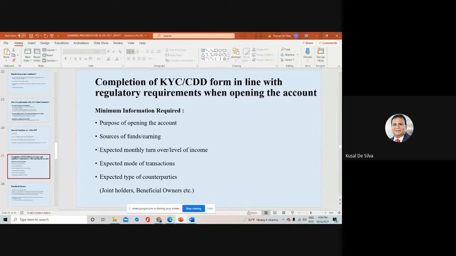So I am expecting every month, say 100,000, 200,000, or $100, $200, whatever, that has to be gathered and entered into your systems. It is very important. Then the expected type of counterparties, from whom you get, and also who your joint holders are, who the beneficial owners are, that needs to be known.